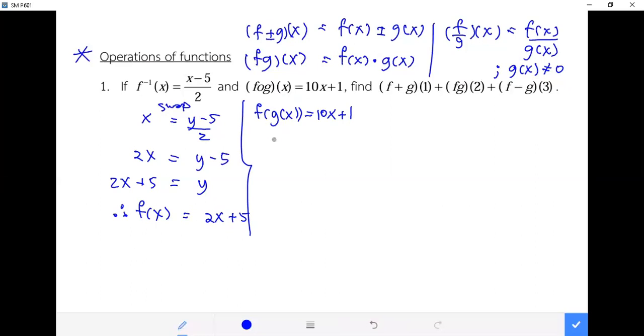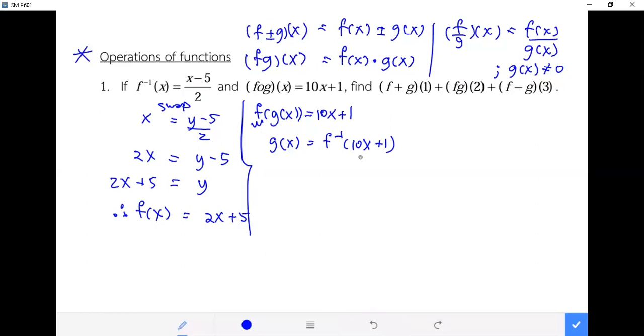Okay. You want to get g(x), so you go like this. g(x) is f inverse of 10x plus 1. I taught you that if f is on the left, you move it to the right and it becomes f inverse. If you have f inverse, you move it to the other side and it becomes f. Very easy.